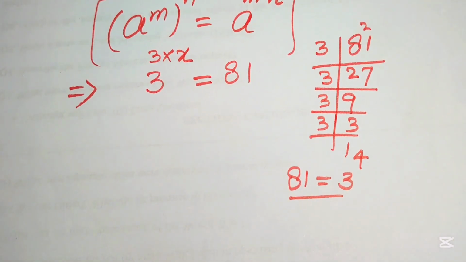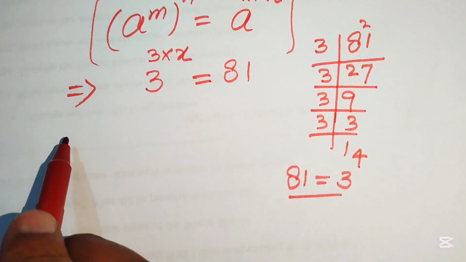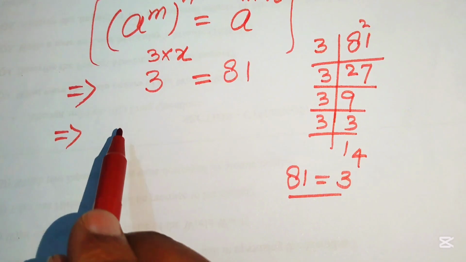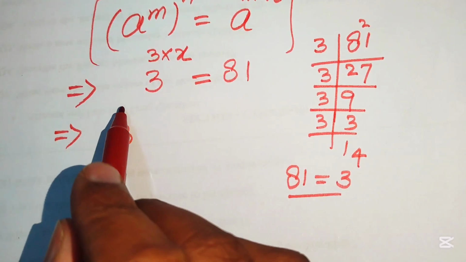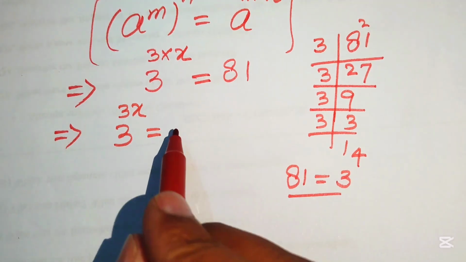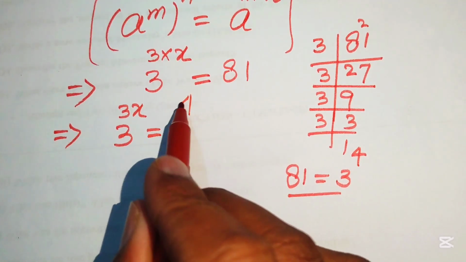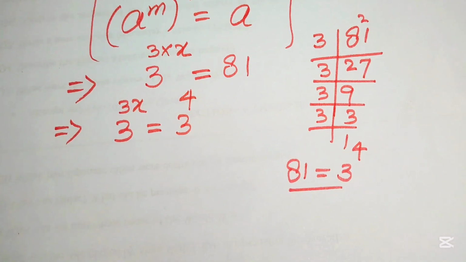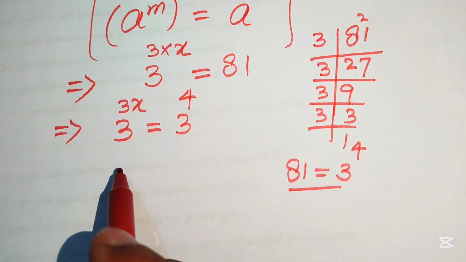Because we write 81 as 3 to the power of 4, our above exponential equation is written as 3 to the power of 3x equals 81, and we write this 81 as 3 to the power of 4. Now we apply another rule.